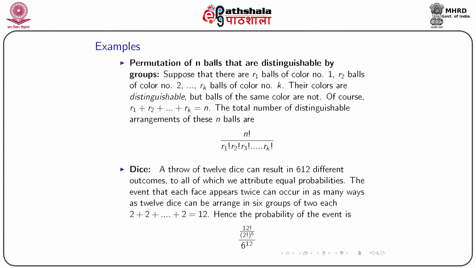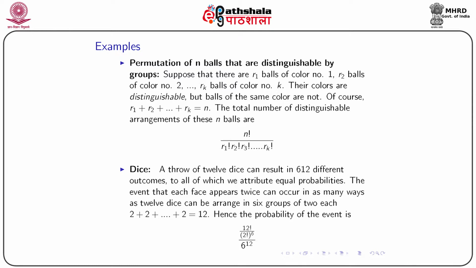Consider another example. We want to permute n balls, and the balls are distinguishable by groups. Suppose there are R1 balls of color number 1, R2 balls of color number 2, RK balls of color number K. Their colors are distinguishable, but balls of the same color are not.